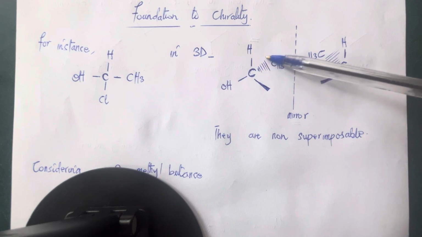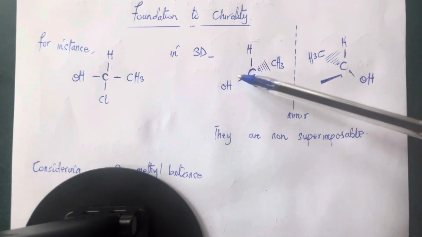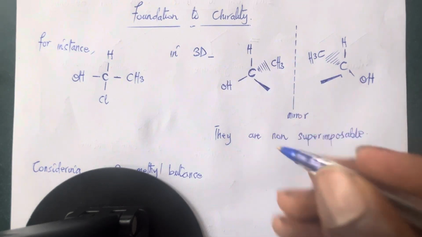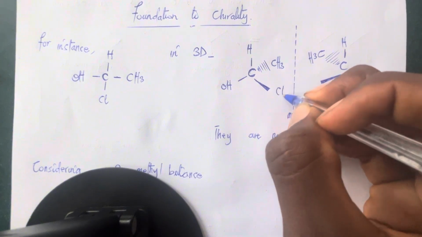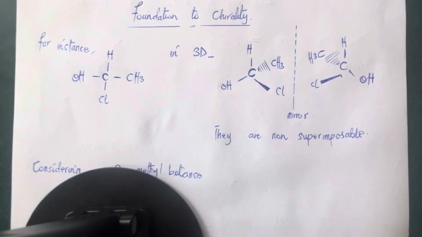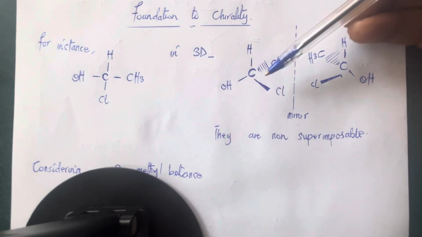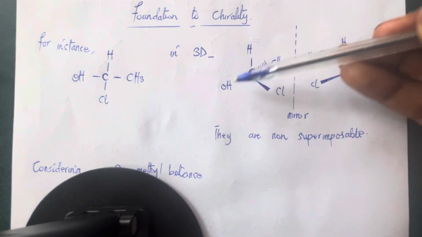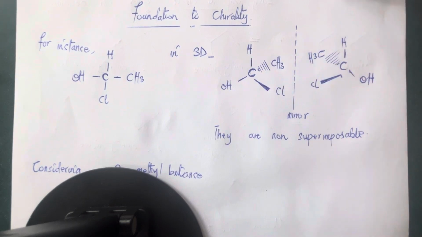This short dash means that this CH3 is behind the plane, this wedge is a Cl. So here is supposed to be what? Cl. This means that this one is outside the plane, and these two are in the same plane with the carbon.